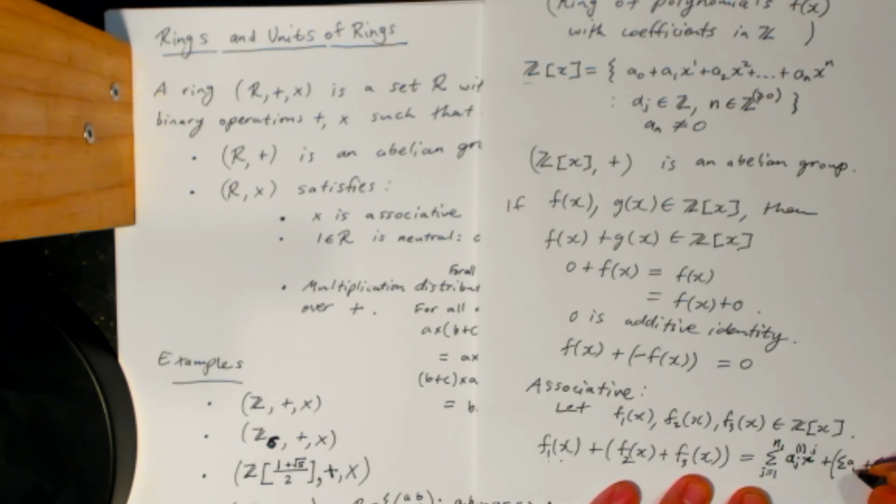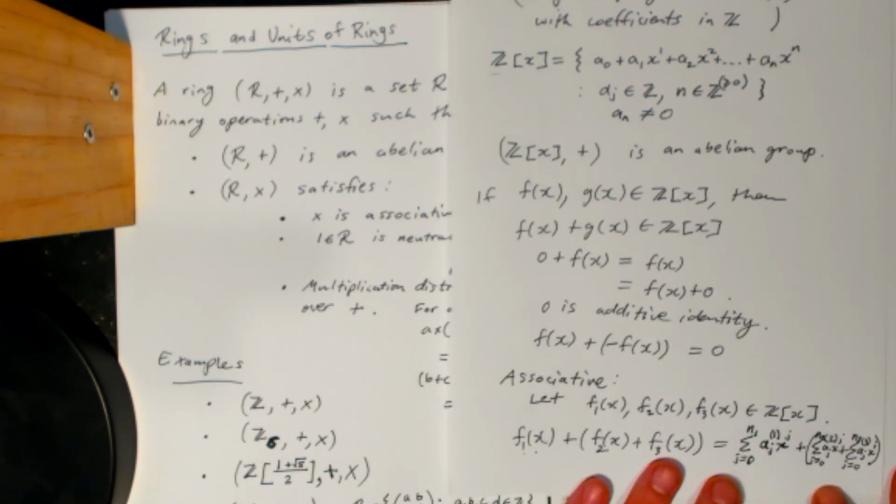So we have a_j superscript (2), x to the power of j, and a_j superscript (3), x to the power of j, where j goes from 0 up to n2, and this one up to n3.